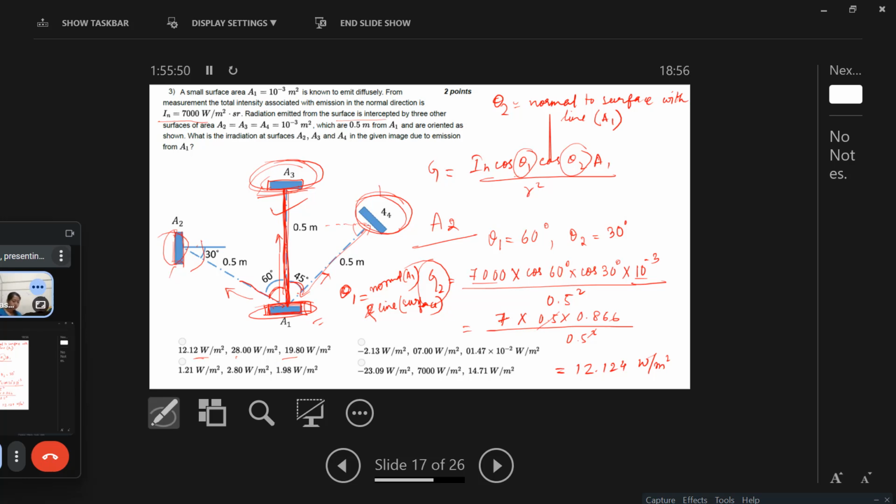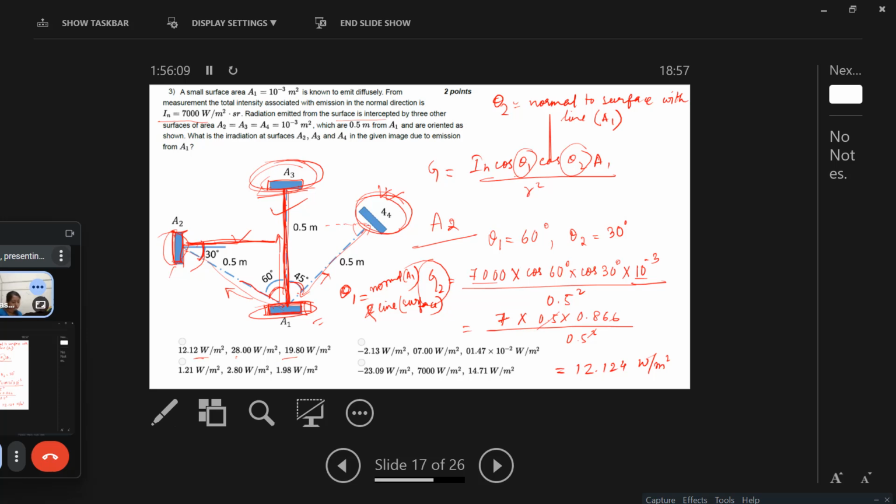So for A4, what we get, just like in A2, we have seen that this is the A2. For A2, the theta 2 is measured by the normal to this surface with the line connecting A2 with A1.